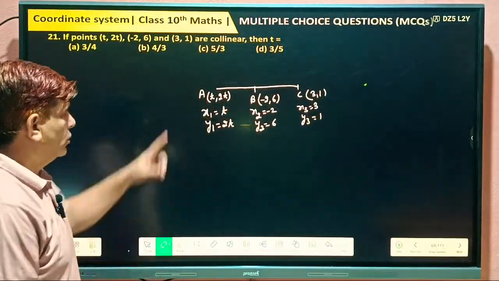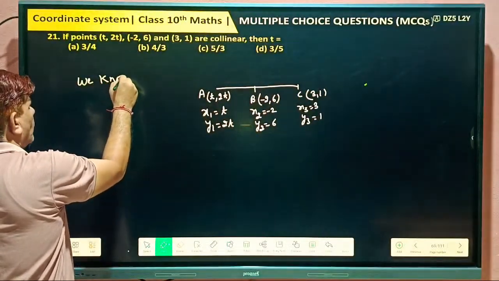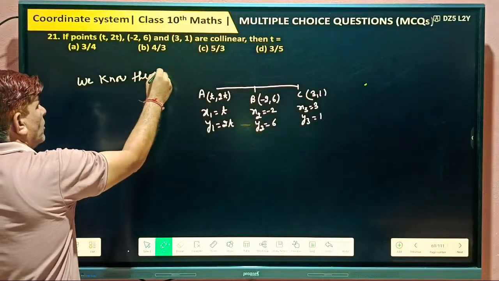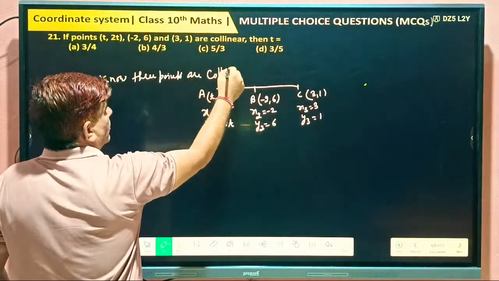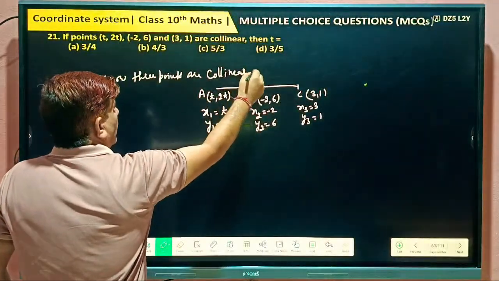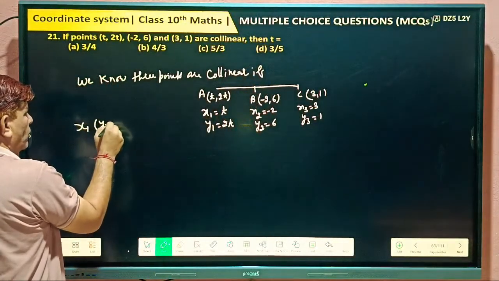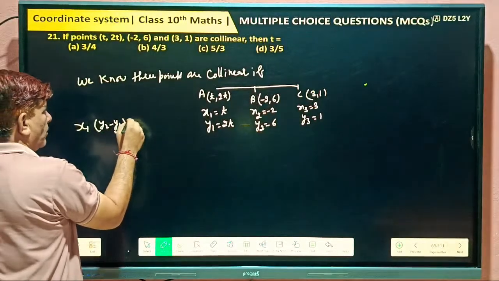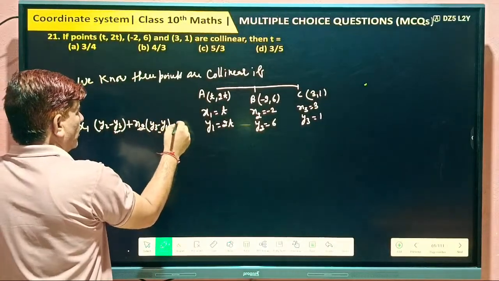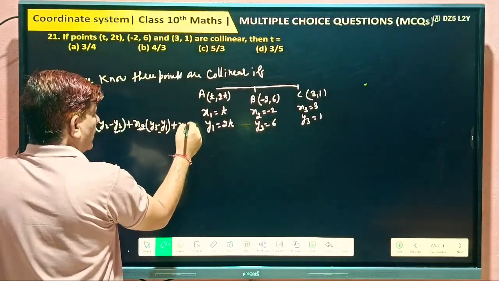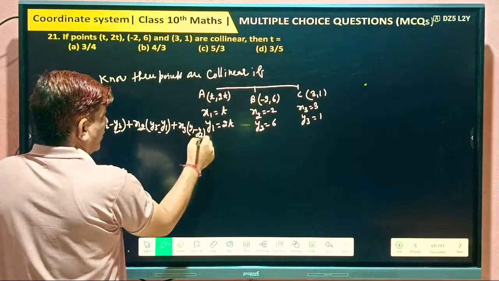Got this? We know three points are collinear if they satisfy this condition: x1(y2 minus y3) plus x2(y3 minus y1) plus x3(y1 minus y2) equals 0.